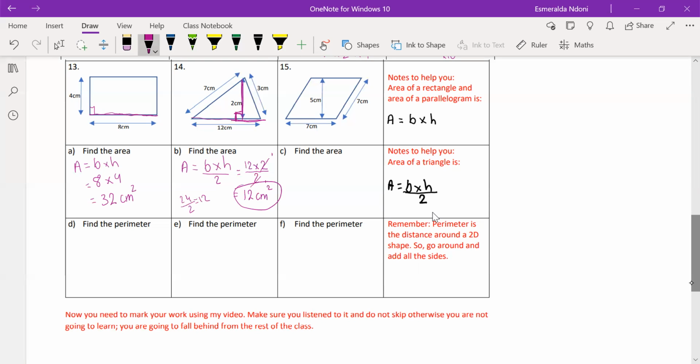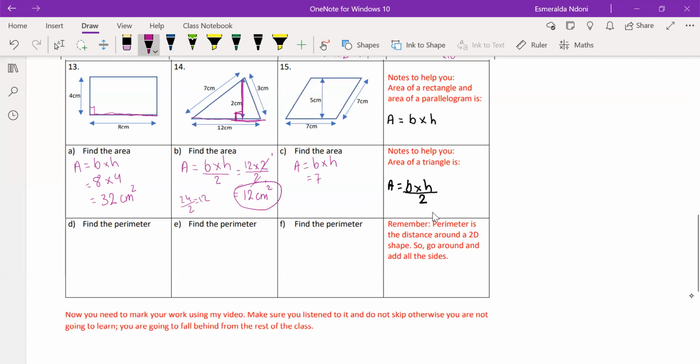Okay, question 15. So what do you ask yourself first? What shape it is. Okay, it's a parallelogram. So we know that for a parallelogram, we have base times height. Let's just put the numbers in. I need you to write the formula each time.